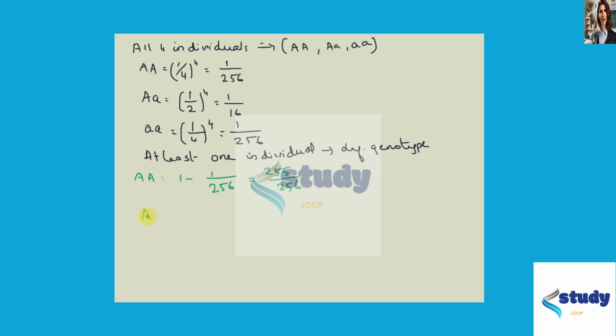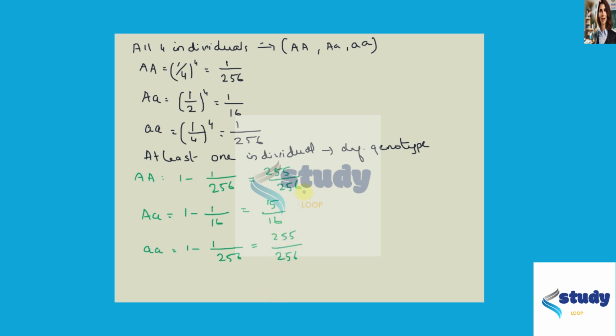For capital A small a, that will be 1 minus 1 by 16, equal to 15 by 16, and for small a small a, it will be 255 by 256.